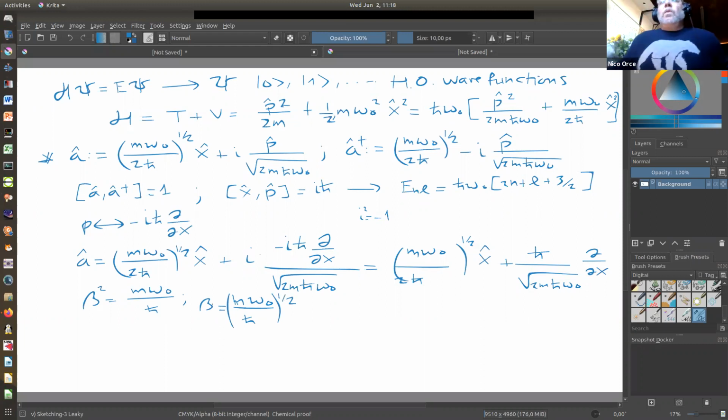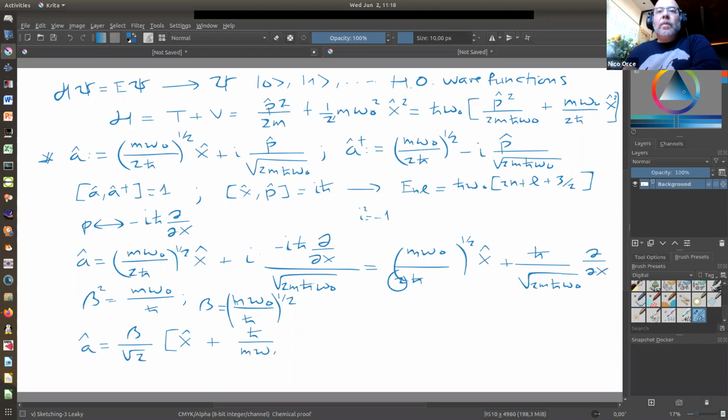With that, we can simplify things quite nicely, because A will be beta over the square root of 2, this 2 having come out as a square root of 2, times x plus (h bar over m omega naught) partial derivative with respect to x.